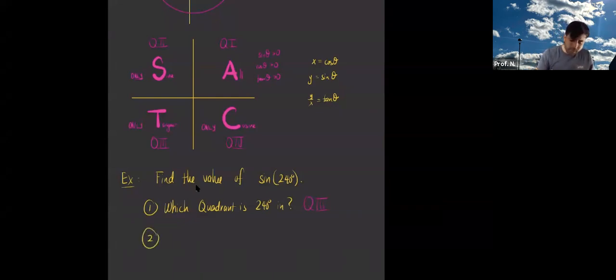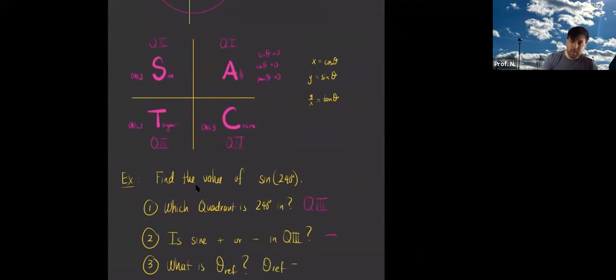Second question I ask myself is, is sine positive or negative in quadrant 3? It's negative. Why? Because only tangent is positive in quadrant 3. And then the third question I ask myself is, what is the reference angle? If your angle is 240 degrees, how do you find a reference angle? We did that earlier, right?